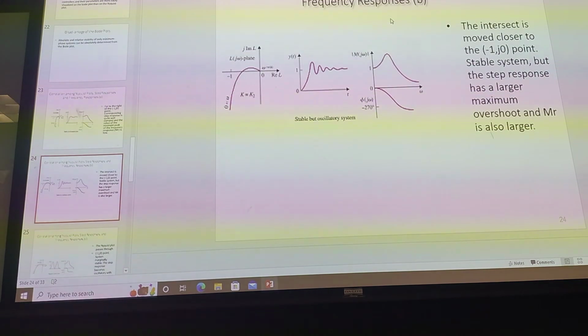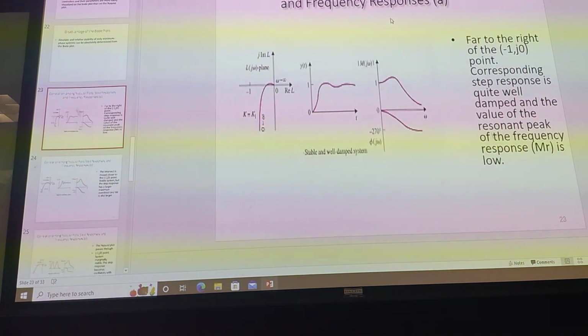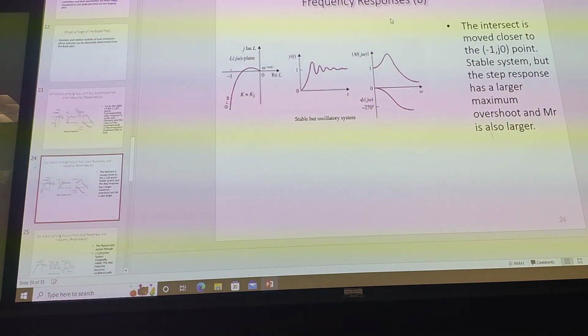If we move our system to the left, then the system becomes more unstable, as you can see there. The resonant frequency here was not very neat, but it is better as the system moves to the left, less stable and having a better resonant frequency.